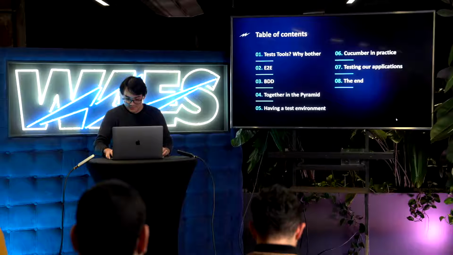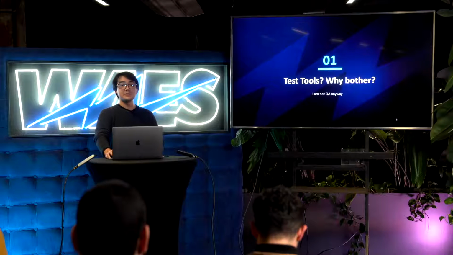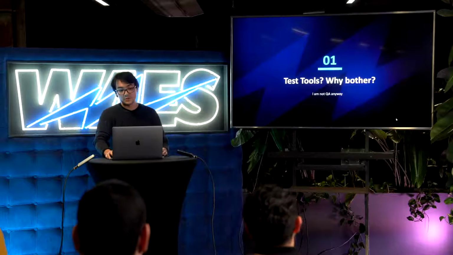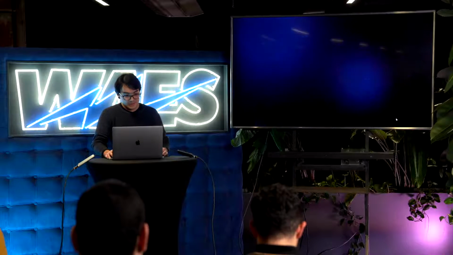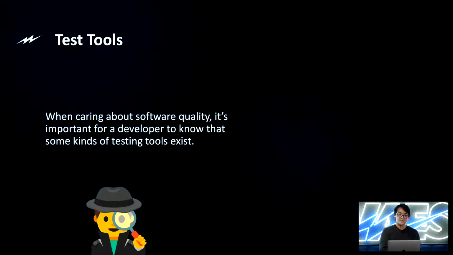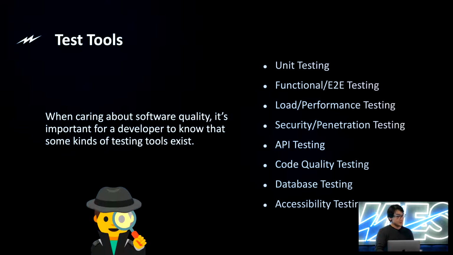OK, let's start. First, about our test tools. Why should we, as developers, bother about testing tools? Even if you're not QA, when caring about software quality, it's very important for us to know that some kinds of testing tools exist. Some examples would be unit testing, functional testing, or end-to-end testing, load performance testing, security or penetration testing.